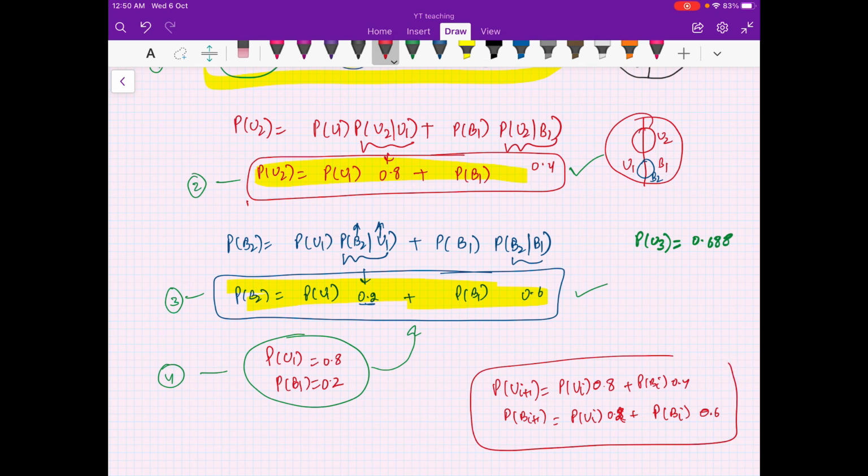Right, now you can use these two recursive relations and you can use that probability of U1 is 0.8 and probability of B1 is 0.2, and you can write a code in any programming language or any software which will just do this thing recursively again and again to give you whatever you want. For example, if you want probability of U20, then you'll start from i equal to 19 and so on, right? So you can go down up to 1 and then you can use this to compute your final results, right? So this is how, there are so many ways to tackle one problem. For example, here we have seen that either we can do it by tree approach or by total probability theorem.